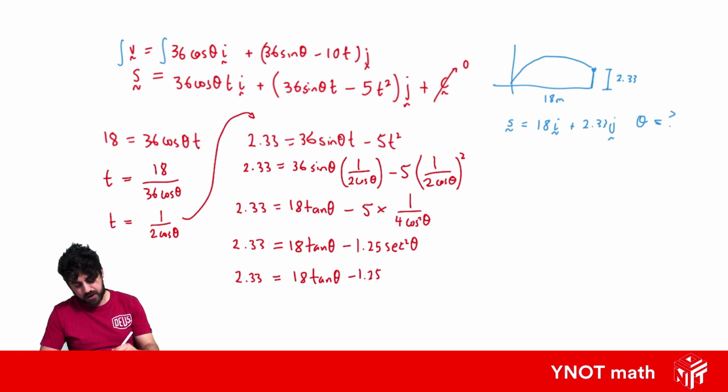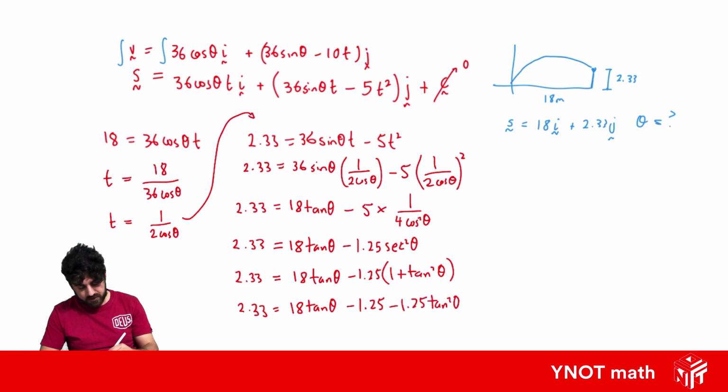Sec squared is 1 plus tan squared. So we're going to change that sec squared into 1 plus tan squared and then go ahead and expand the brackets. So we get 2.33 equals 18 tan theta minus 1.25 minus 1.25 tan squared theta.